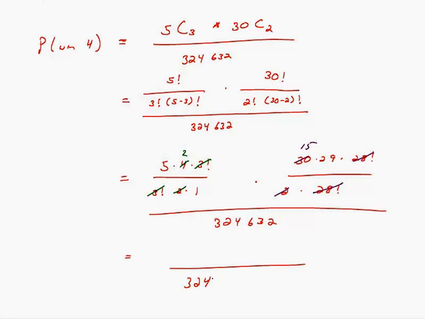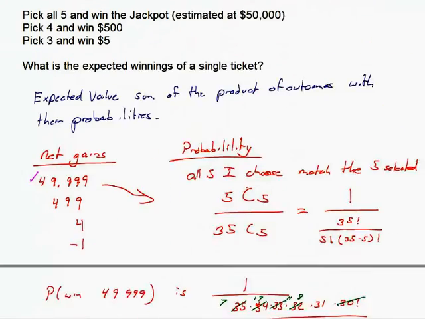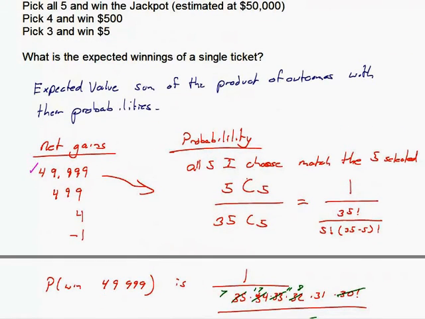When you take that product, you get 4,350. So I have my probability of winning a net gain of $4.